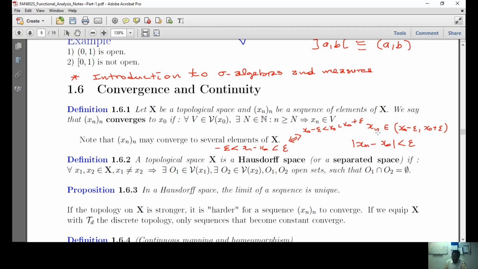So this is exactly the same as this. This means that xn is in the interval (x0 minus epsilon, x0 plus epsilon). So it's exactly the same, and that's what you know from the topology of R. The concept here just generalizes to any arbitrary topology.